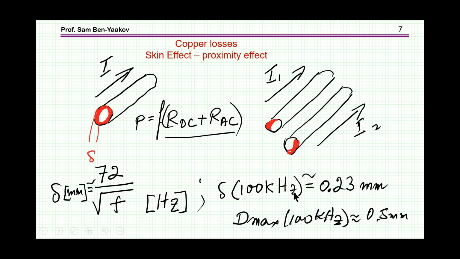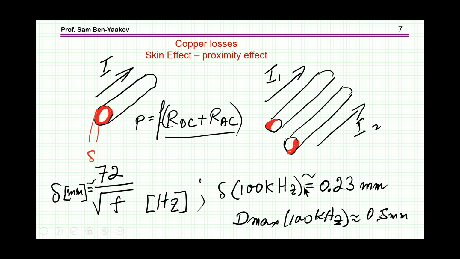So at 100 kilohertz, we are talking about 0.23 millimeter, meaning that if the diameter is twice this value, then actually you are using all the area, and therefore the resistance will increase. That is the maximum point, so 0.5 millimeter is the maximum diameter that you will use for 100 kilohertz.